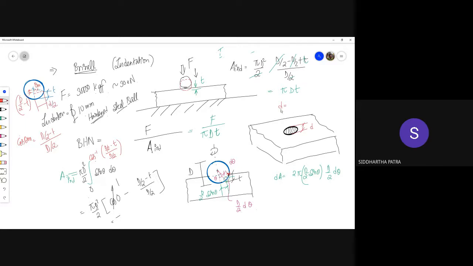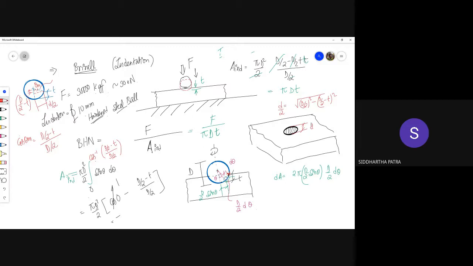And small d divided by 2 is the square root of capital D divided by 2 whole squared, that is this thing, minus capital D divided by 2 minus t whole squared. So that would give me small d divided by 2.